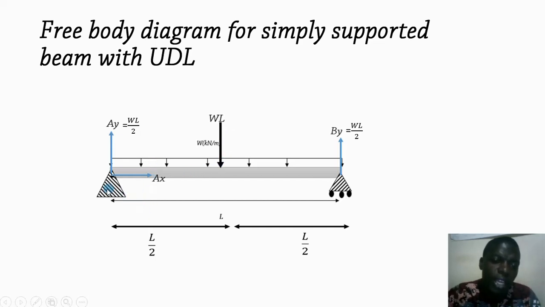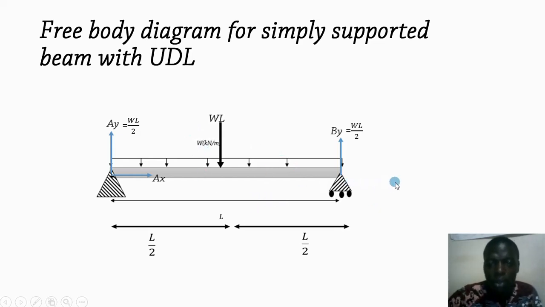Therefore, it will be length times width, which is W times L, and this gives us WL. And this total force WL acts at the center since it is a uniform beam, at a distance L out of 2 from A, the support.